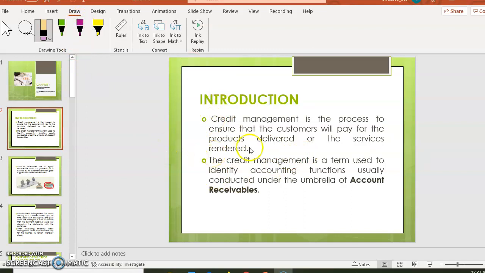Right, I will ask you, what does credit management mean? Normally you will tend to translate. Yes, in bahasa it is pengurusan kredit, ataupun senang cakap pengurusan hutang lah.